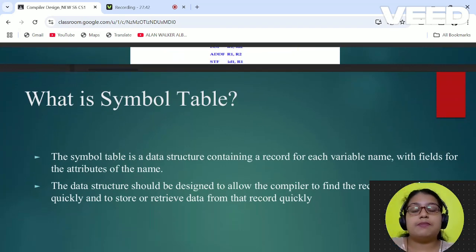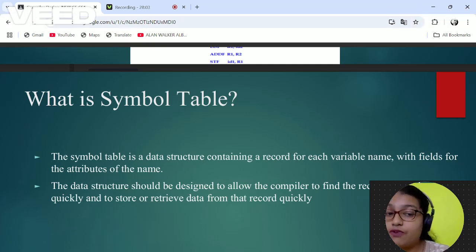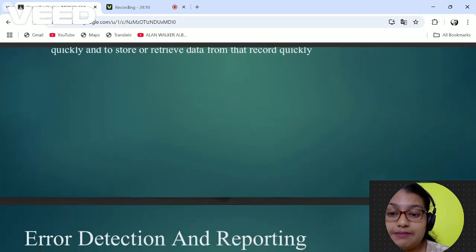Now what is a symbol table? A symbol table is a data structure, and inside it there is a record for each variable name, with fields for the attributes of the name. The data structure should be designed to allow the compiler to find the record for each name quickly and to store or retrieve data from that record quickly. So that is about the symbol table.